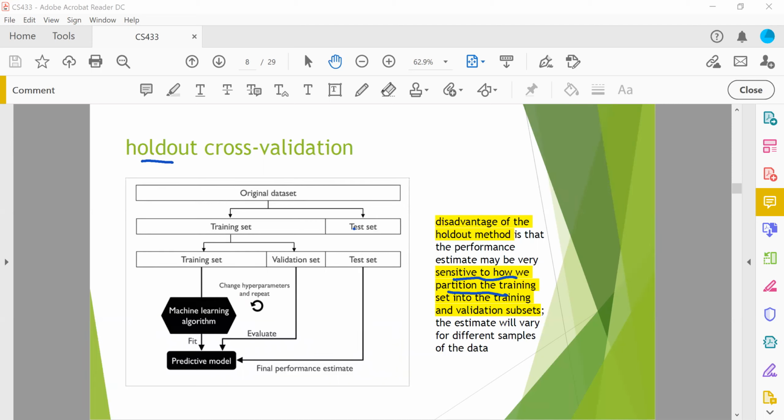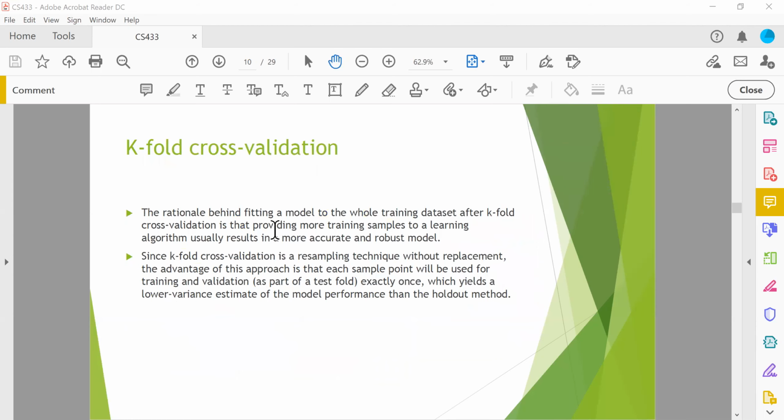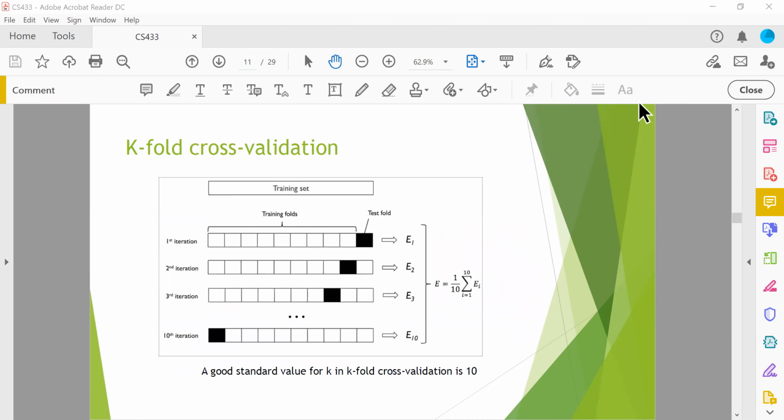That's why later on we use k-fold cross-validation, for your training part of the data set.